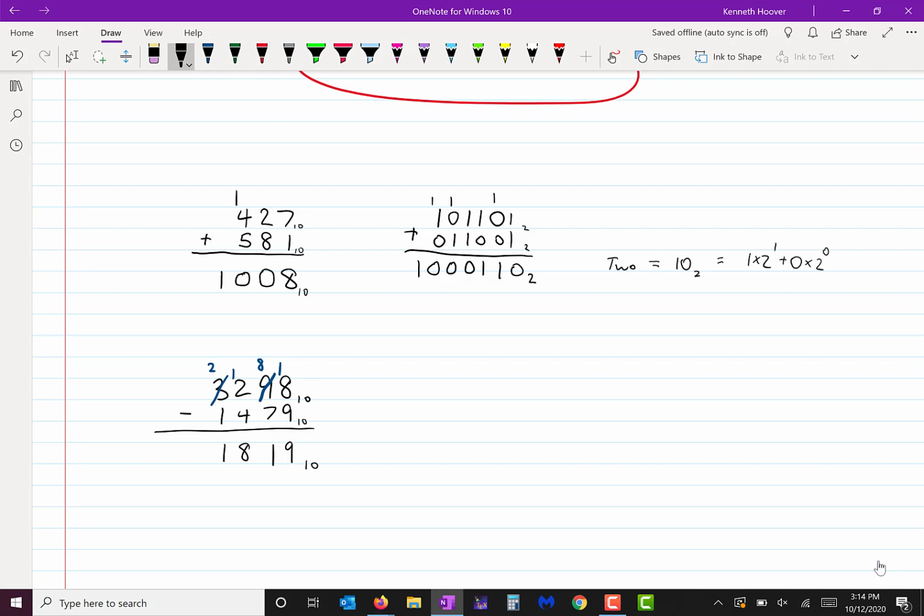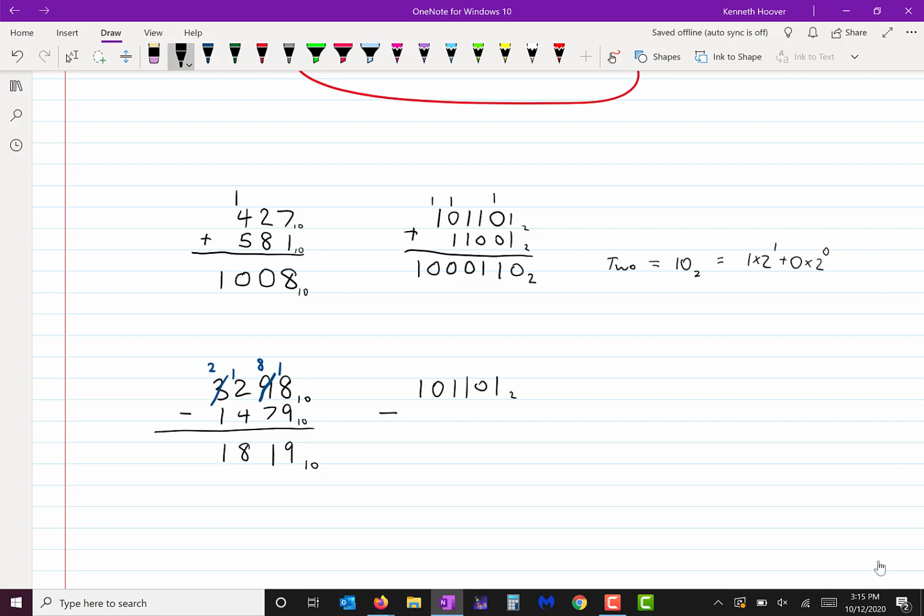Okay, in binary, let's practice it. We use the same two numbers we did before. We'll do 1, 0, 1, 1, 0, 1 minus, I'm not sure why I even wrote that 0 there. You normally would not do that.